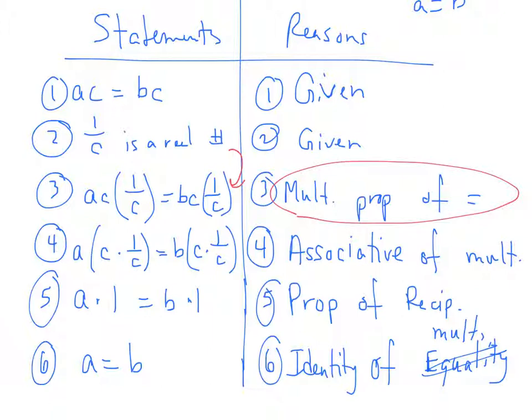I can see that that's the change. I multiplied by 1 over c, so that's the reason for that. Then, I changed the parentheses from here to here. That's the reason there. So the reason always comes after the line of the operation you performed. Then from here to here, we saw that the reciprocals were multiplying, giving us 1. So the reason for that was the property of reciprocals. Then we saw that anything times 1 was itself.